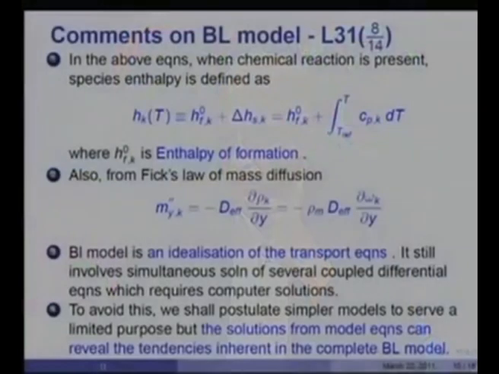So, we will postulate simpler models to serve a limited purpose of essentially getting Nw, but the solutions from the model equations can reveal tendencies inherent in the complete boundary layer model. We do not claim that everything conceivable can be captured by the simpler model, but the major tendencies would certainly be captured by the simpler models. So, that is our task.